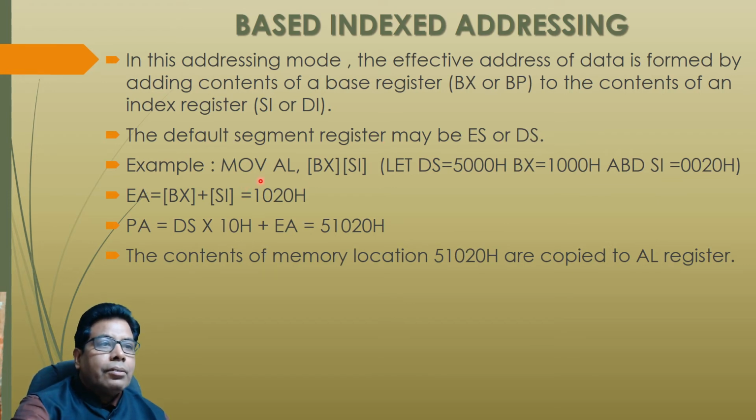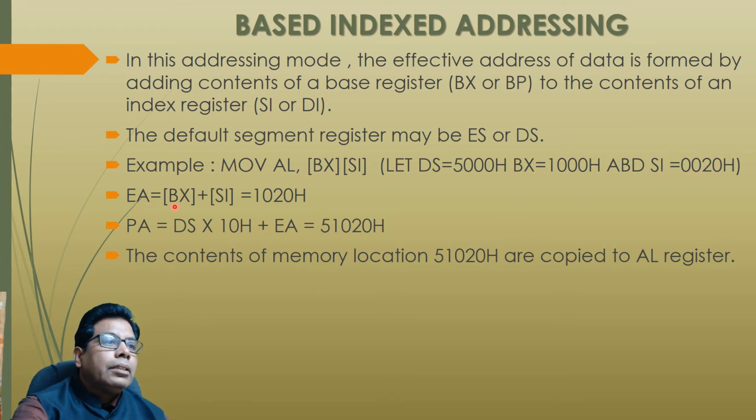Now again we are taking the similar example, MOV AL, [BX][SI]. So both the base register and index register are taken here. So again we are taking DS equal to 5000, BX equal to 1000, and here SI is 0020.